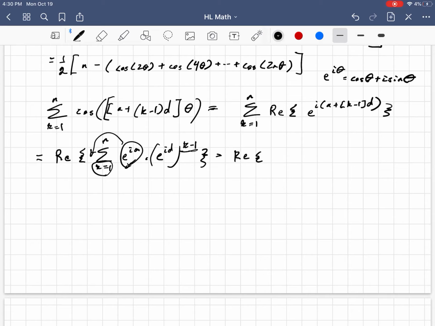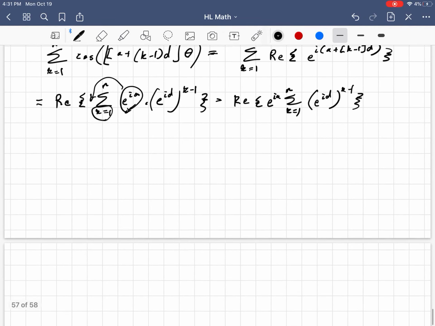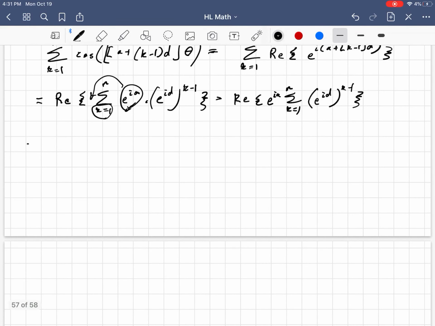And so things that are using k need to stay inside of it, but things that are not using k are treated like constants with respect to k. So I'll pull this e to the ia out front. I'm going to get e to the id to the k minus 1. And now I will make this e to the ia. Oh, oops, still the real part.